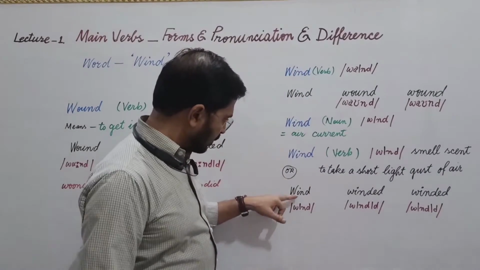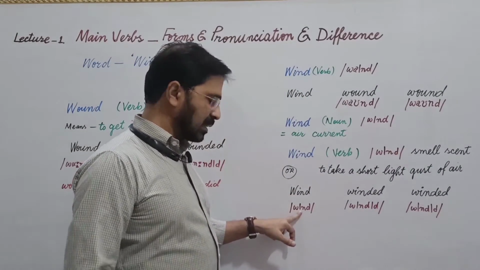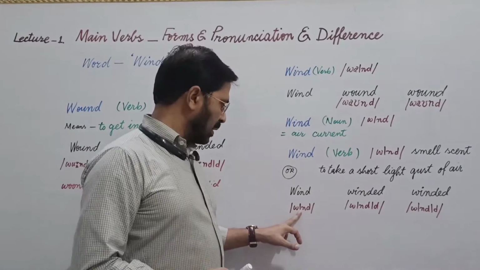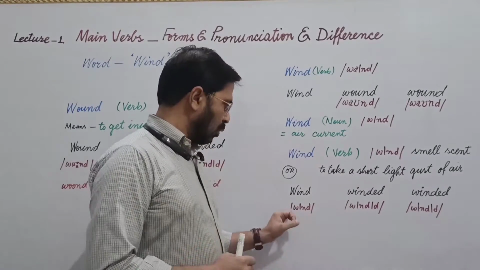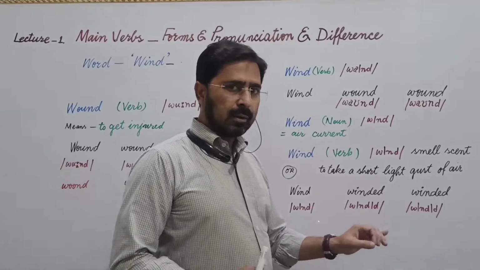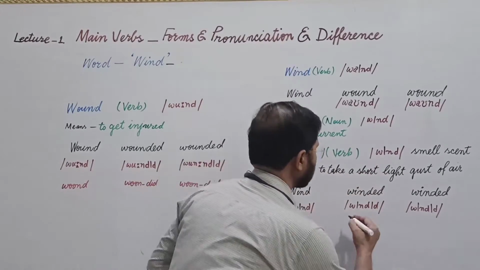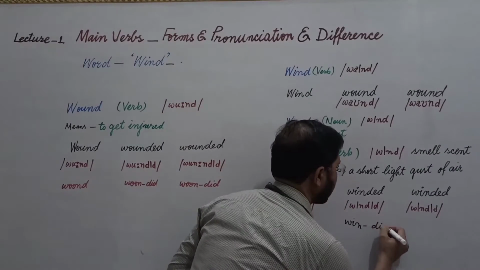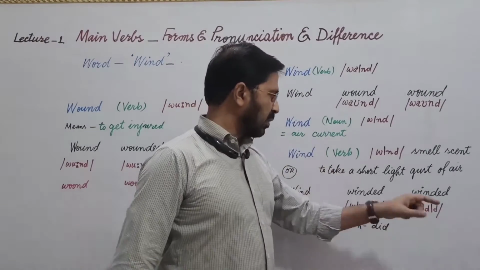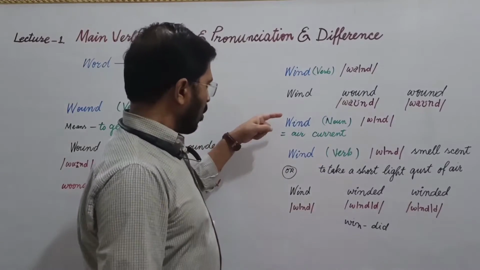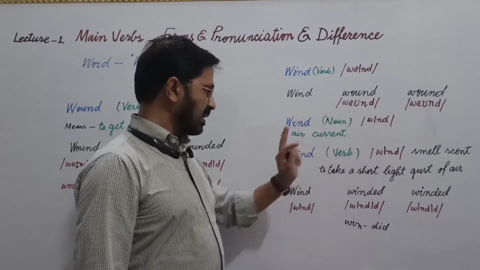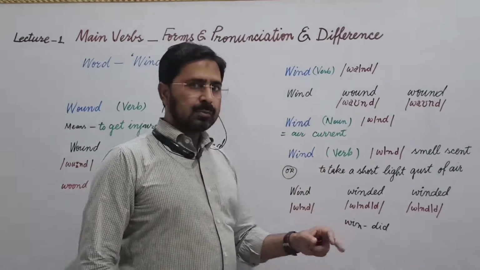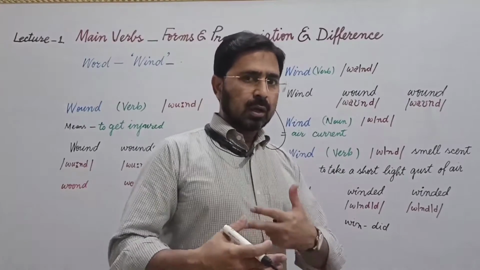This is wind, and whenever we write this I and L type symbol, it is spoken quickly, wind. And winded, you can use the pronunciation in simple form, winded. Now wind means air if it is a noun, and winded means to take a whiff, to smell a whiff.